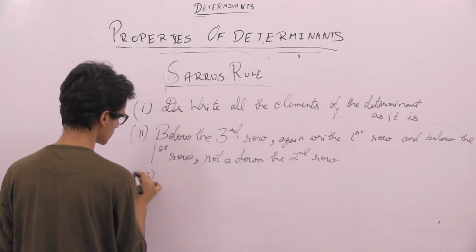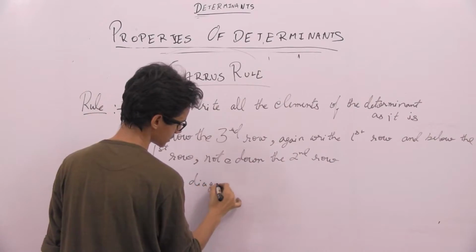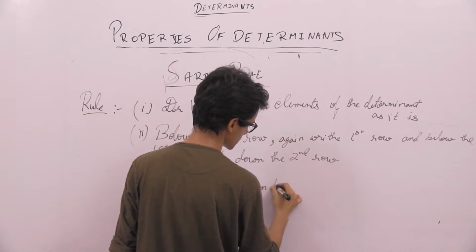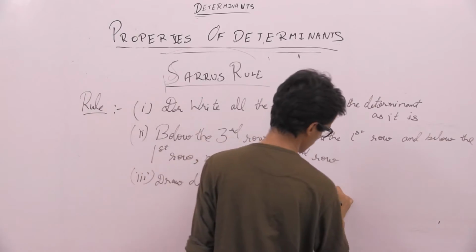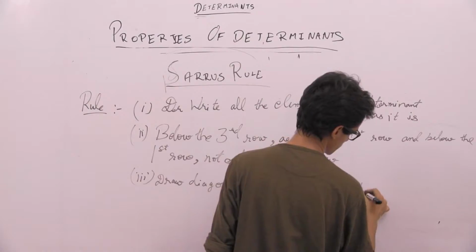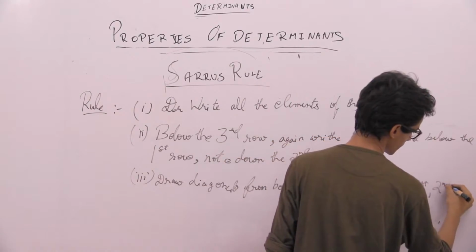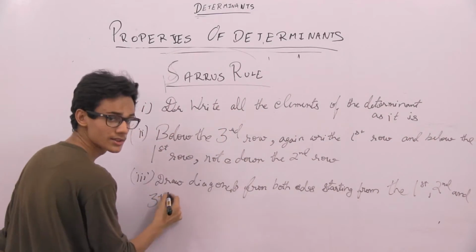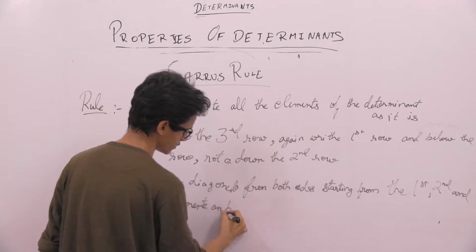Now draw diagonals from both sides starting from the first, second and third elements on both sides.